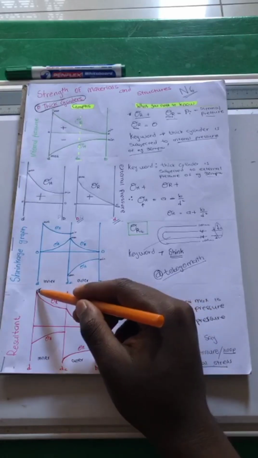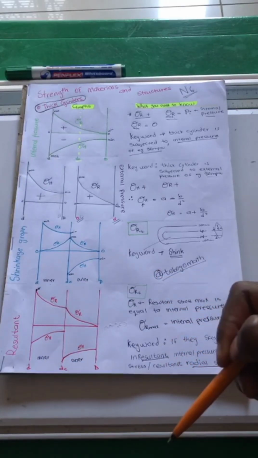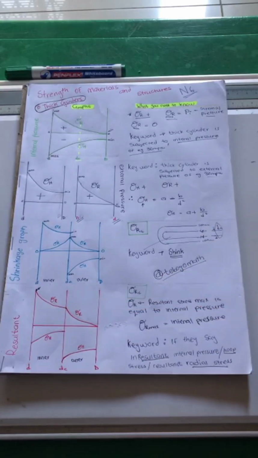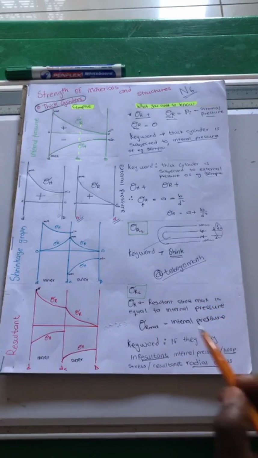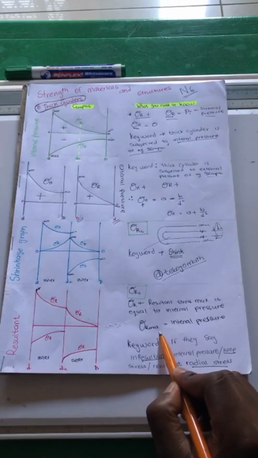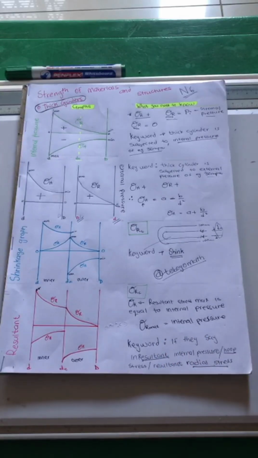Normally, they'll give you either this or this. And then scarcely they'll also give you this. But nonetheless, the thing remains the same. Another thing that you need to know is that the radial stress maximum is equal to the internal pressure. So if they give an internal pressure of 40 megapascals, as the copper cylinder is shrunk into the steel cylinder, there is an internal pressure that is experienced, and that internal pressure is 40 megapascals.